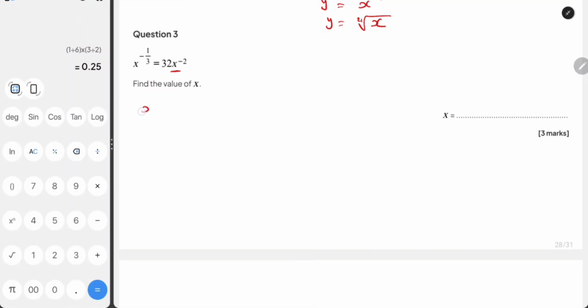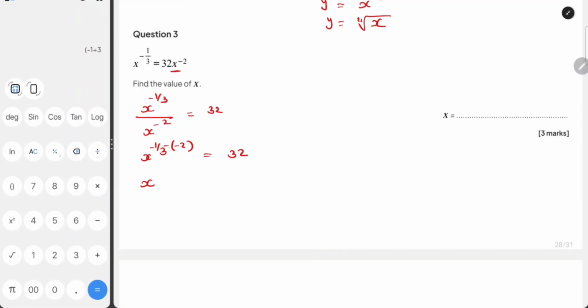So what I'll have, x raised to minus 1 by 3 divided by x raised to minus 2 is equal to 32. Now in division, whenever the bases are same, we subtract the powers. So x raised to minus 1 by 3 minus minus 2 is equal to 32. So this is x raised to minus 1 by 3 minus minus 2. I'll use calculator here.